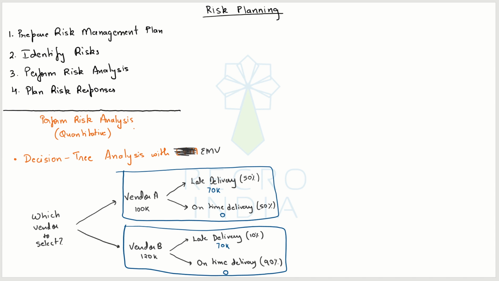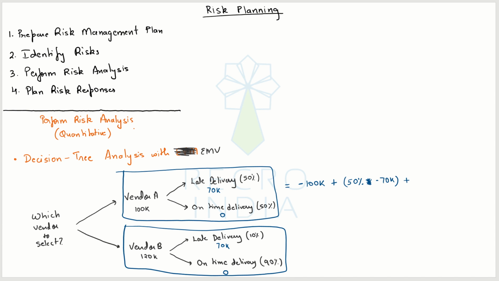So now, if I go with vendor A, I end up paying $100,000 to them. That's why the negative sign. Plus the risk that if they deliver late, which we are saying there's a 50% probability, and if they deliver late, we end up losing $70,000. So we are using expected monetary value here. We are multiplying the probability and the impact of this event, right?